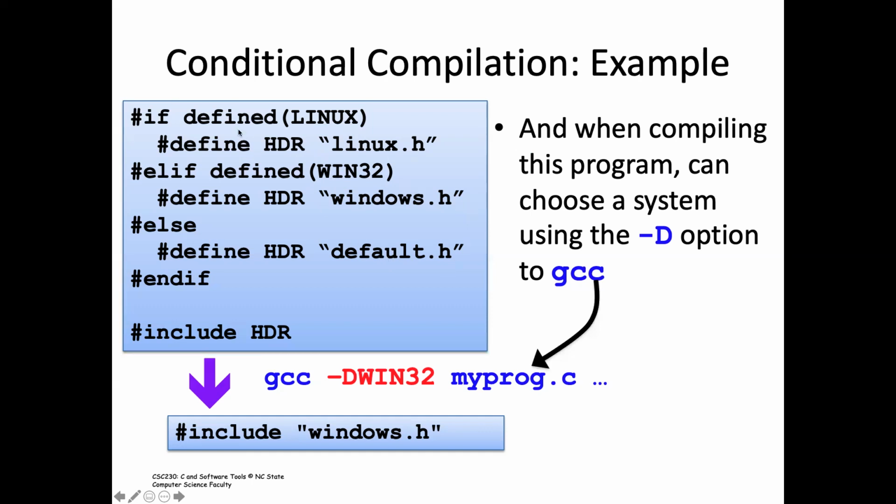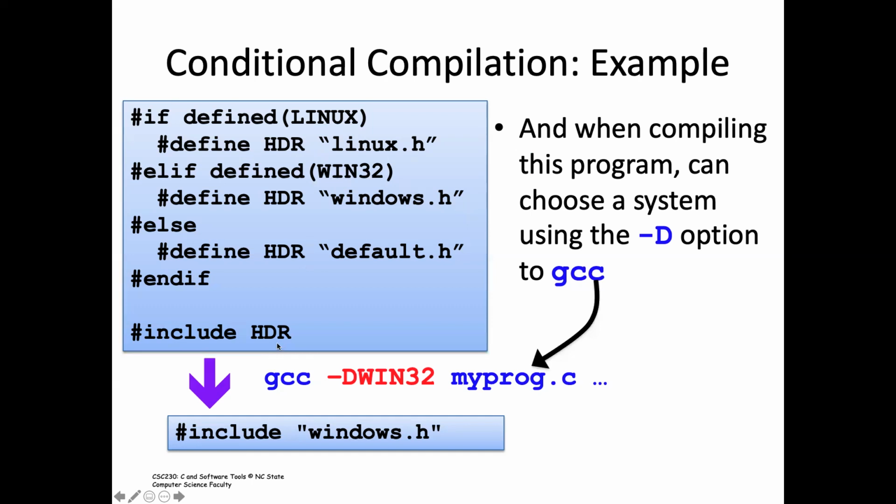So this is the code we were just talking about. The preprocessor will either leave in this block or this block or this block based on the value of other symbols. And then whichever of these gets left in will decide what header you include.